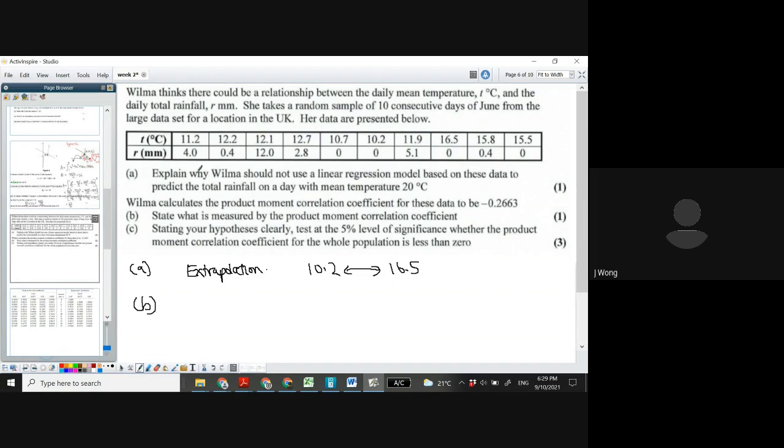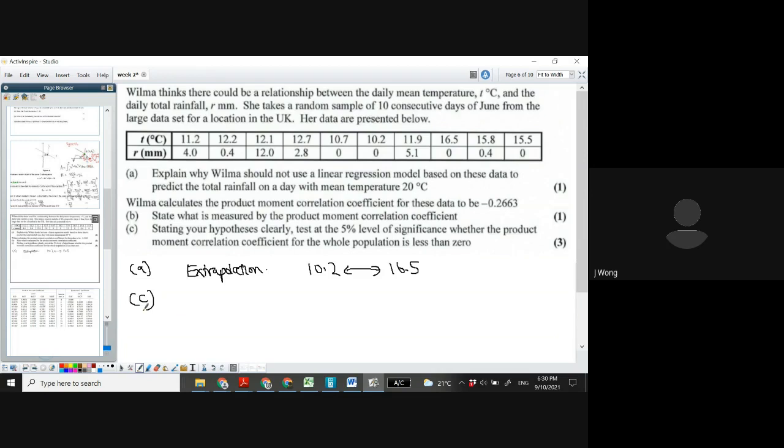We would like to investigate if there is any linear correlation between these two variables, in this case the daily mean temperature and the daily total rainfall. So what you want to mention for this mark is that the PMCC measures the linear correlation between the daily mean temperature T and the daily total rainfall. Okay, so this is part A and B. These are AS questions up to this point.